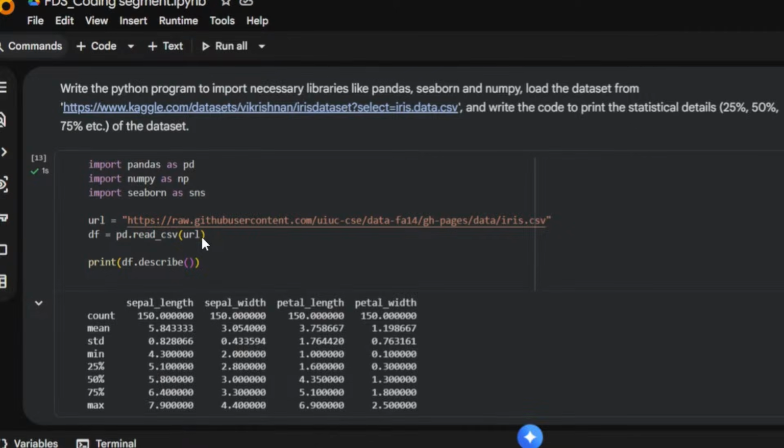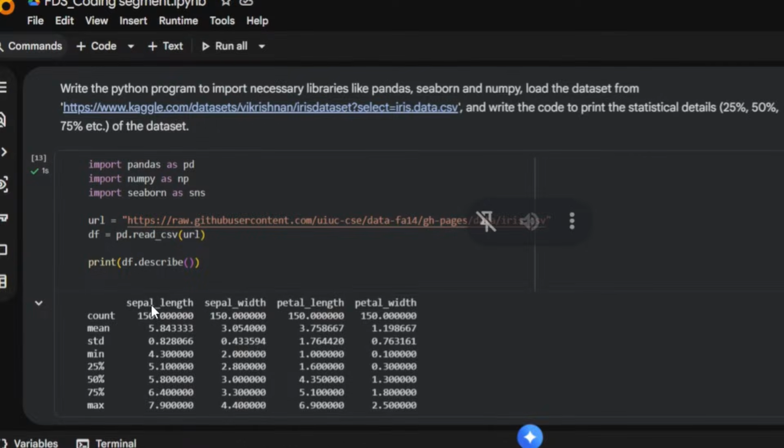And after creating this data frame, you can print the df normally to just see all the data that is present. And there is this magic function, df.describe. If you print this df.describe, you will get all the statistical details about it as a neat tabular column for each feature.